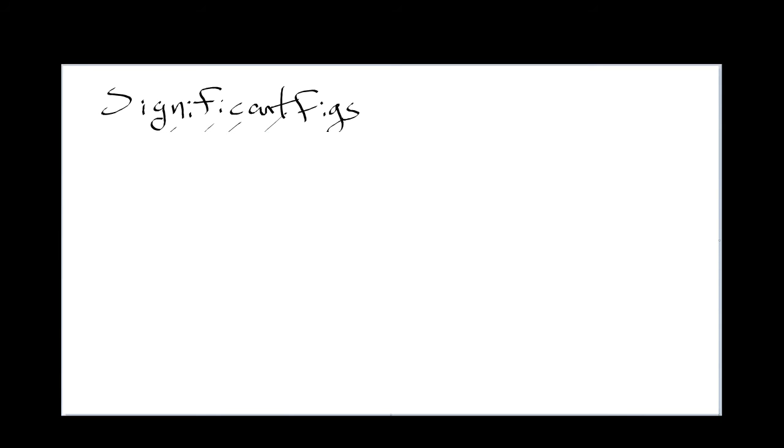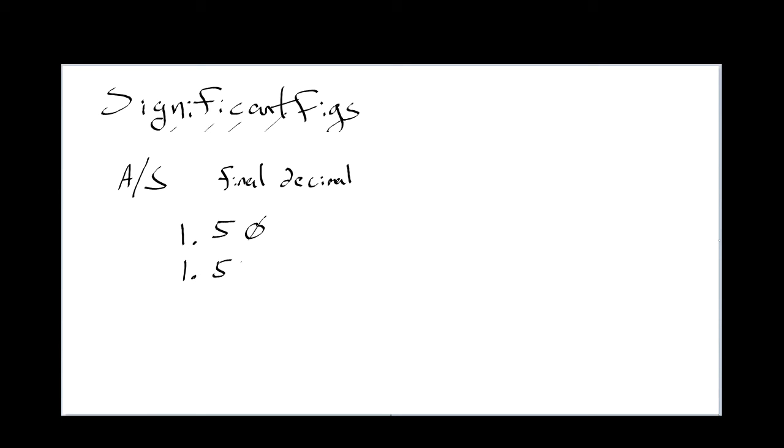Doing math with sig figs can be somewhat complicated. And the math you're doing is going to determine how you're going to count significant figures in your answer. For addition and subtraction, it's all about the final decimal place. So let's go back to this example.